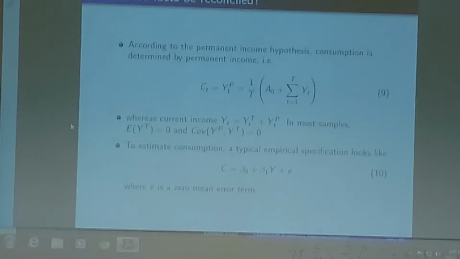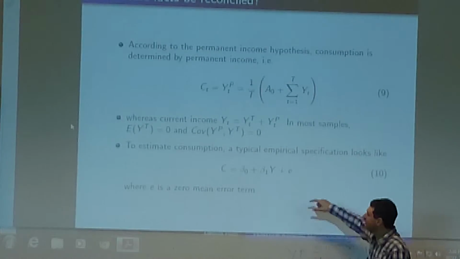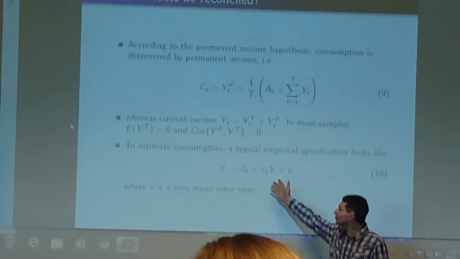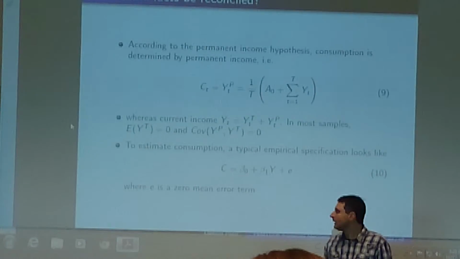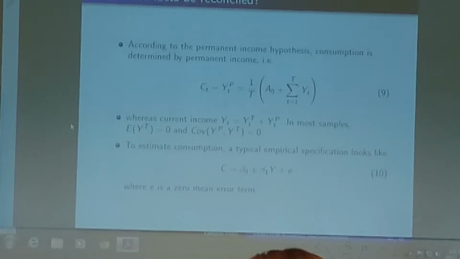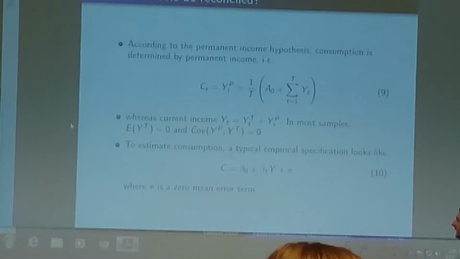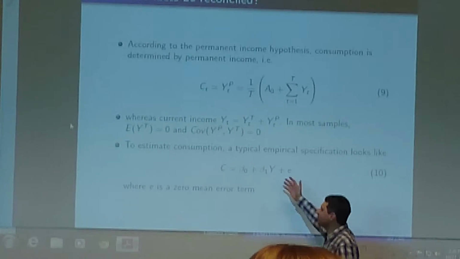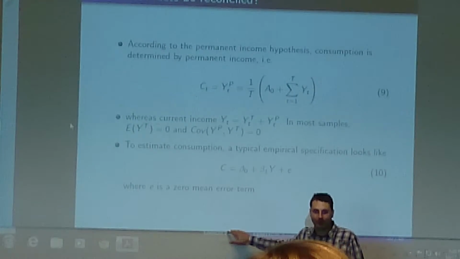Now, what do people typically estimate in the empirical literature on consumption? Well, they estimate something of this type. They link consumption to current income. So consumption is equal to a constant, beta 0, plus a slope, beta 1, times current income, plus an error term, which you assume has a 0 mean.